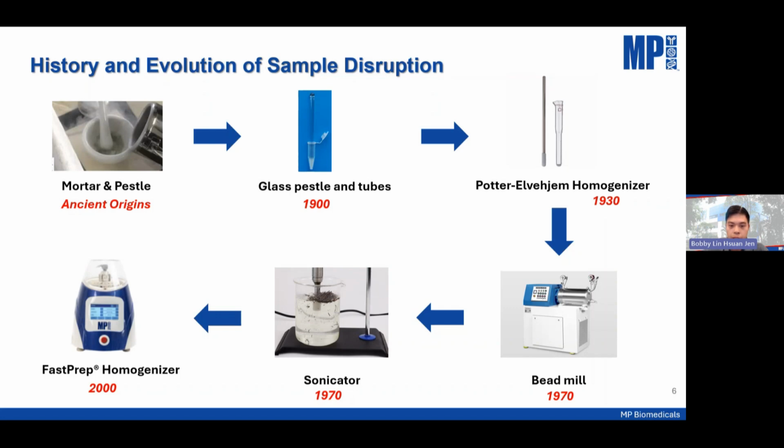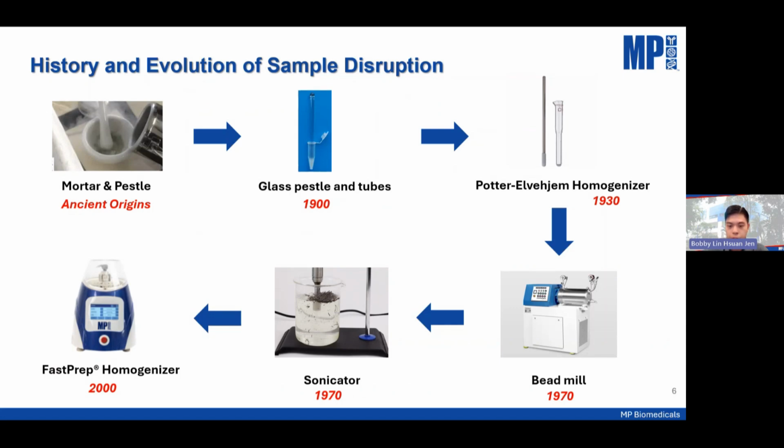Moving on to the era of the 1900s, we started developing glass pestles and tubes. For more advanced technology, the Potter-Elvehjem homogenizer was developed, which utilizes pressurized force in a glass tube. This is more for liquid samples and softer tissues.